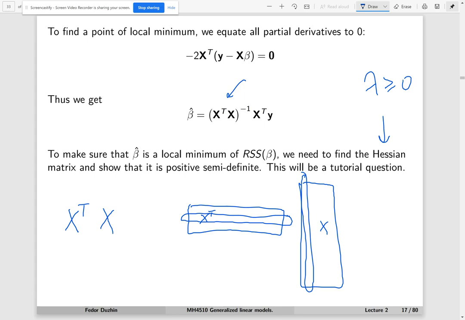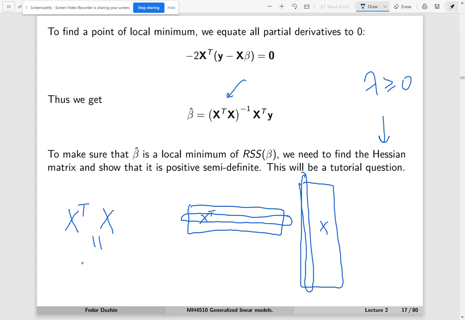But every row of X transposed is just the same as a column of X, by the definition of transposed. So it means that entries of this matrix, X transpose X, are just dot products of columns of X with themselves.